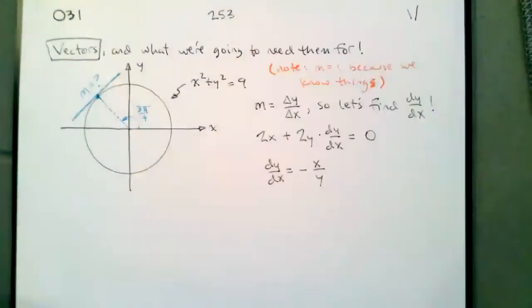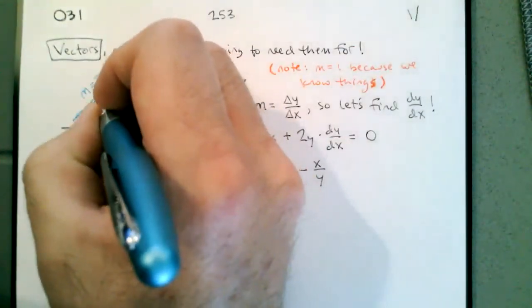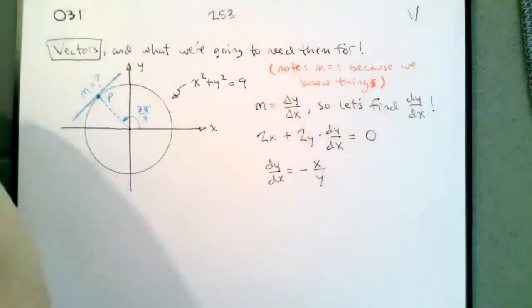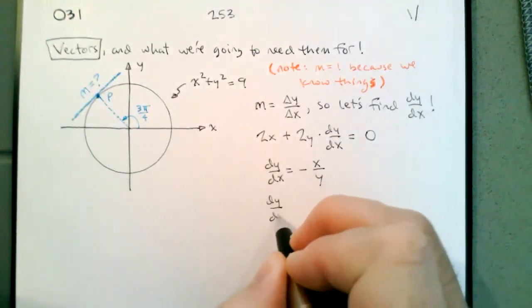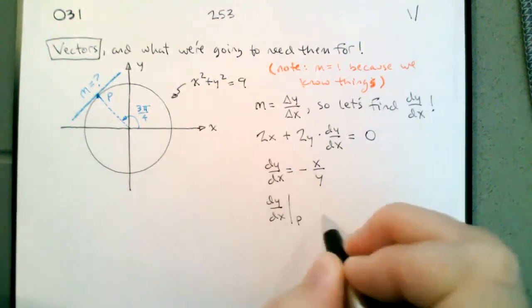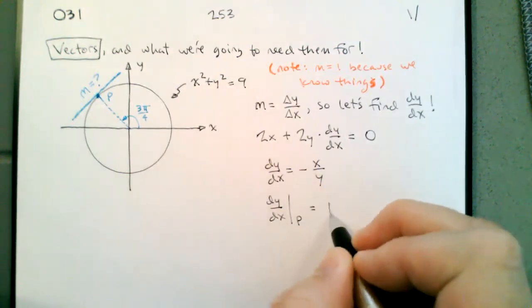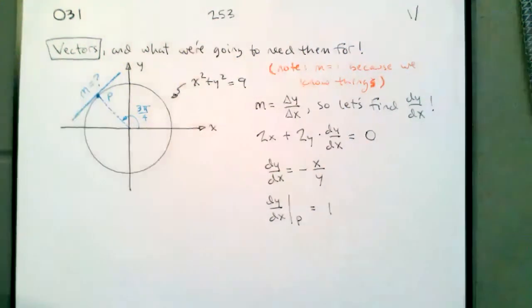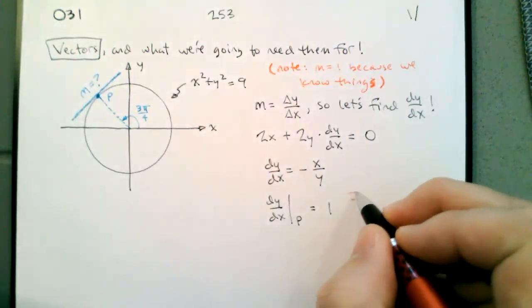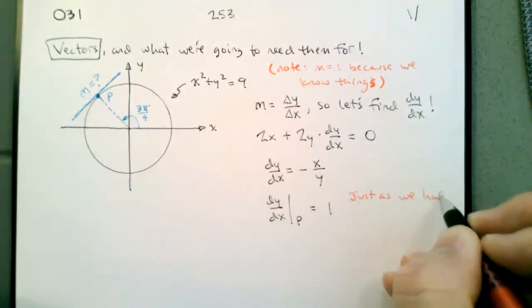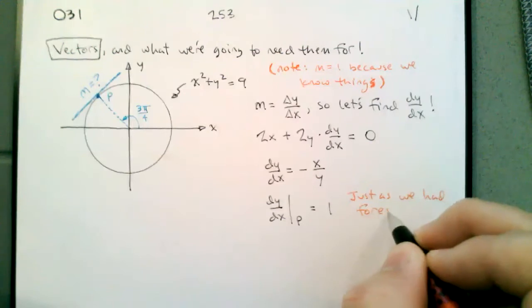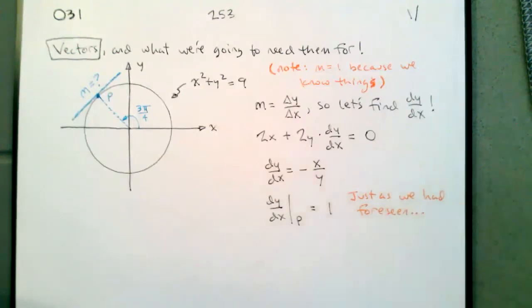So the slope at this point, which I'm just going to name p, is equal to 1, just as we suspected. So emperor style, just as we had foreseen.